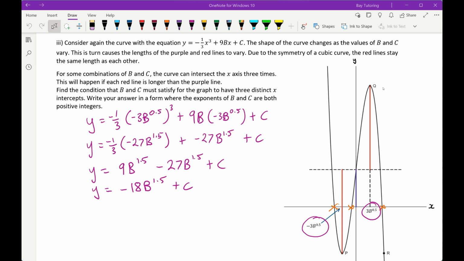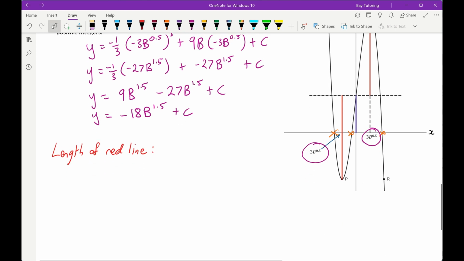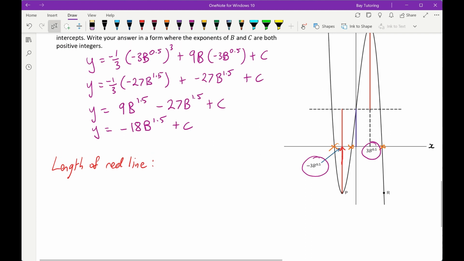So now what we want to do is find an equation for the length of the red line. So the length of the red line will be the y-coordinate of P, which will take us from, on the graph, here to here, plus this extra bit from here to here.